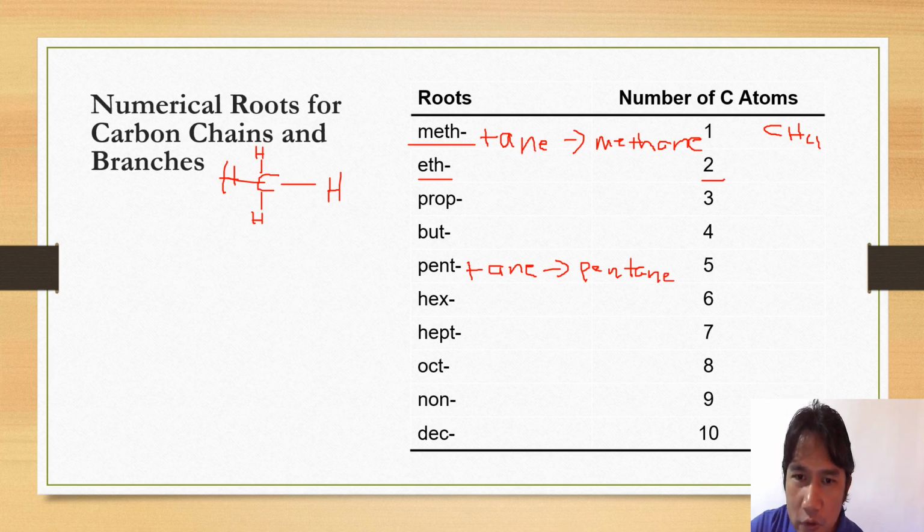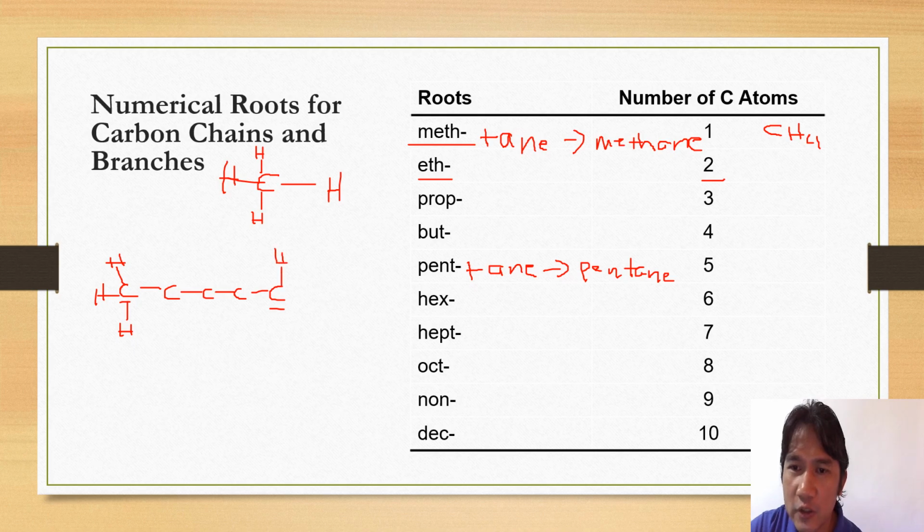If this is the carbon, 1, 2, 3, 4, 5, then each carbon must have the corresponding hydrogens. Take note that the terminal carbons, the beginning and the end, must always have 3 hydrogen atoms, while in the middle carbons, we put only 2 hydrogens in each.